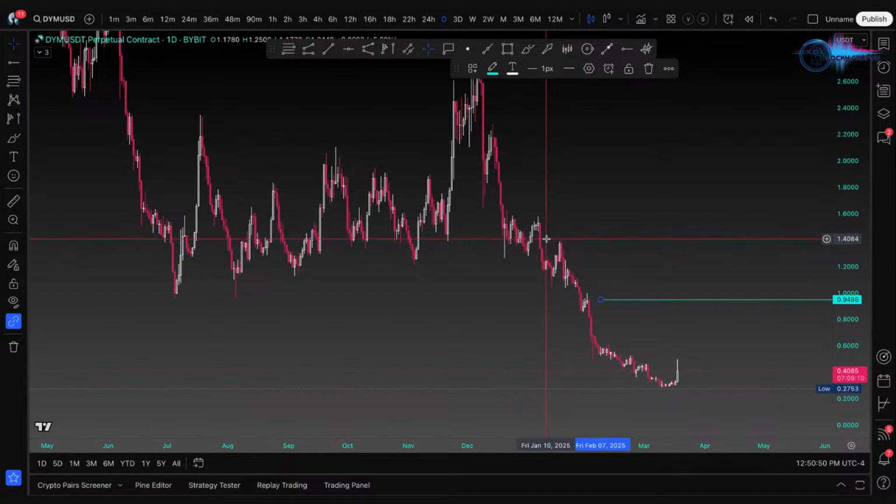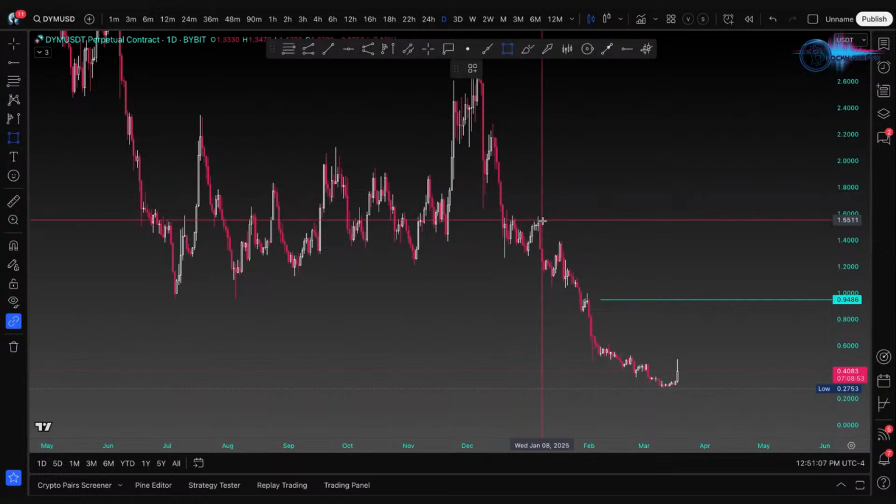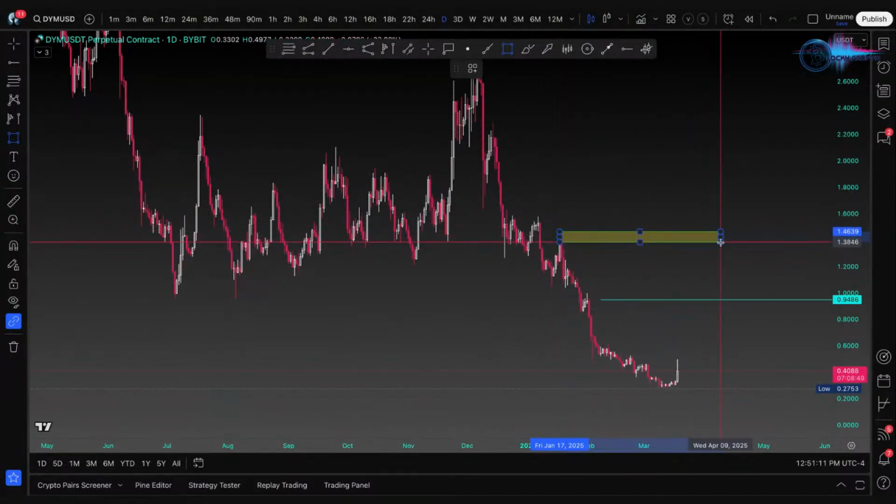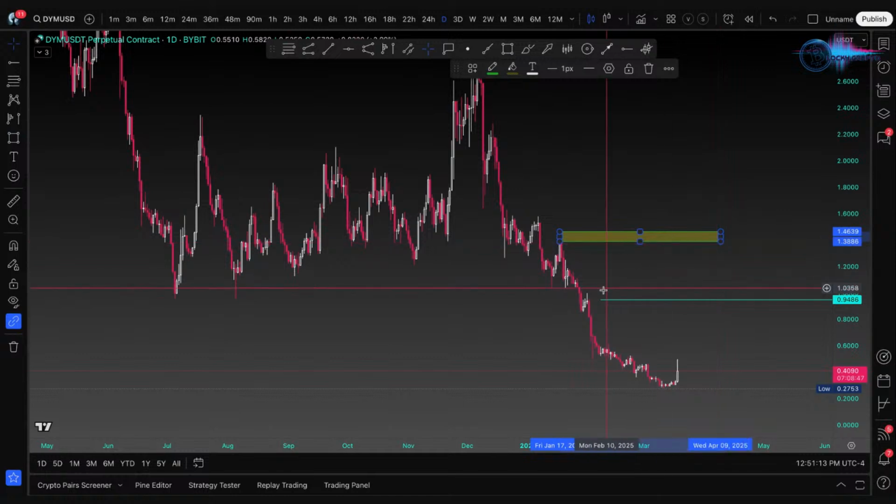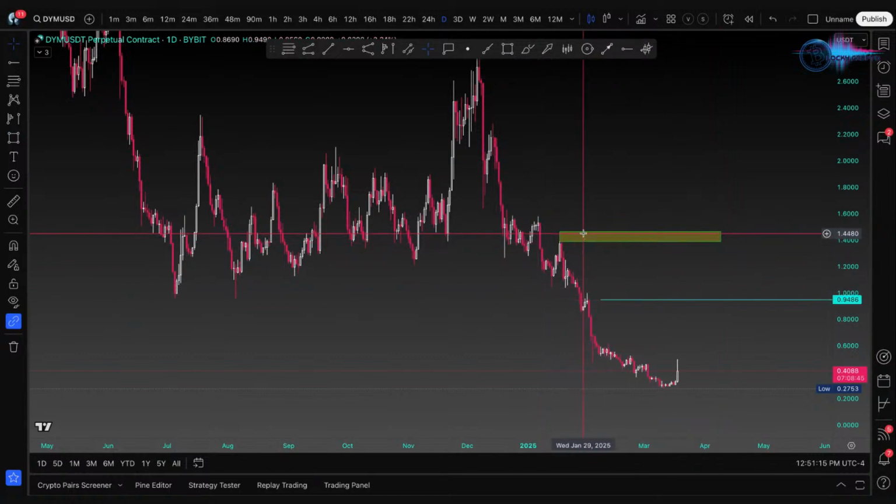It's now no longer a fair value gap. It's just a little bit of an imbalance from this high to this wick here. I'll show you real quick. So this right here is still an imbalance, but no longer a fair value gap because this came in and touched it.